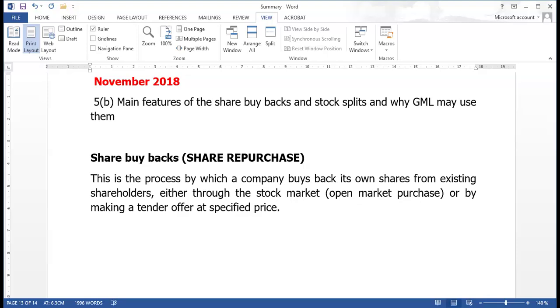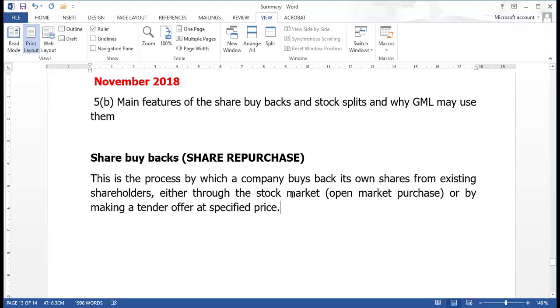So if it is not through stock market, then you may just simply make a tender. You just express your interest to buy these shares from the existing shareholders.